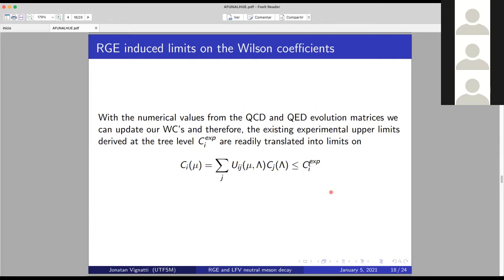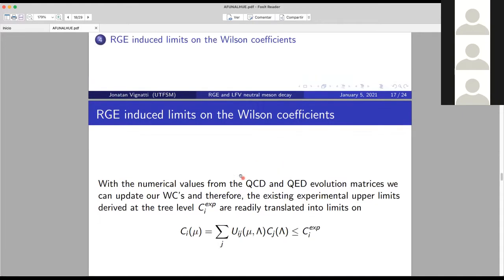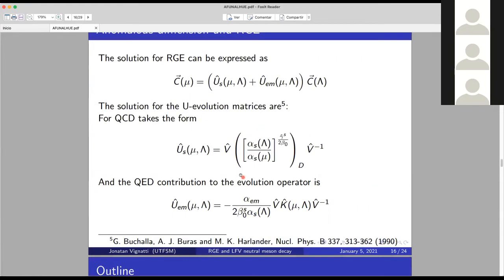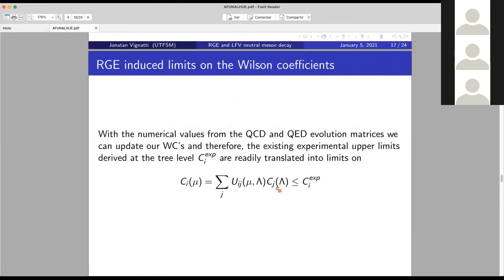So this is the coefficient from experiment, and this evolution matrix is known because we are going to get numerical values for it. So this is known, and this is known. We just have to solve for the new Wilson coefficient, C_j.